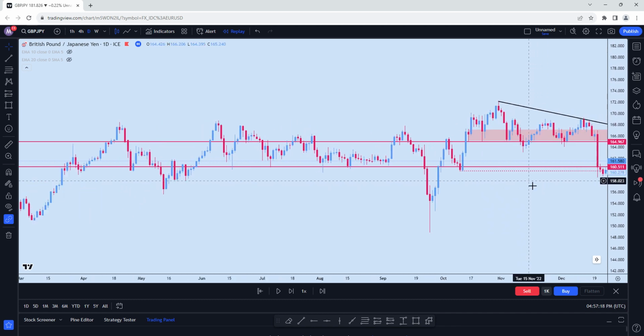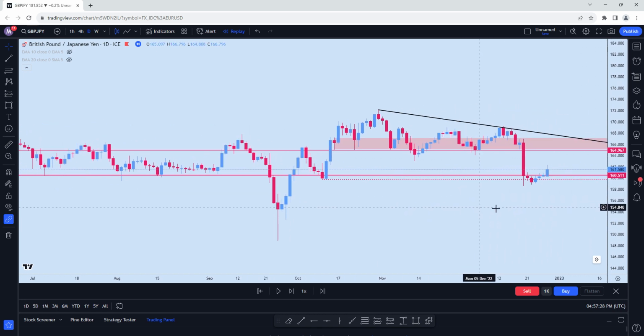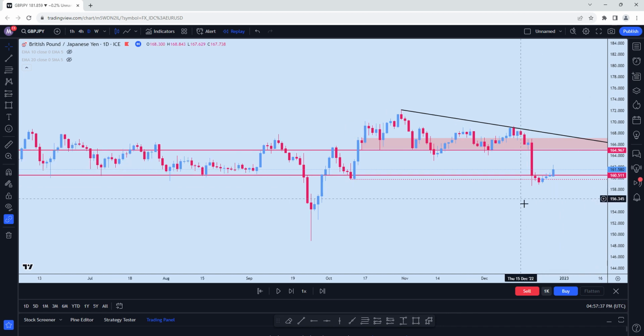The candle has to pierce it, which is done here. So this candle here has broke below it, and it's closed above it. This is the lowest point here. It's broken it, and it's closed here. So that's what an SFP is.